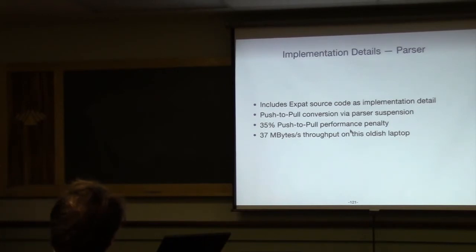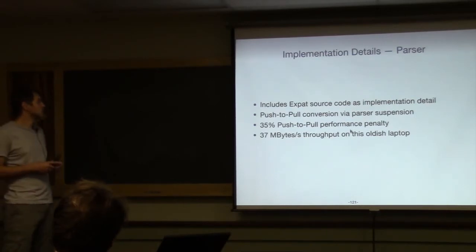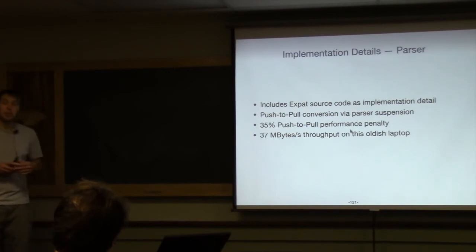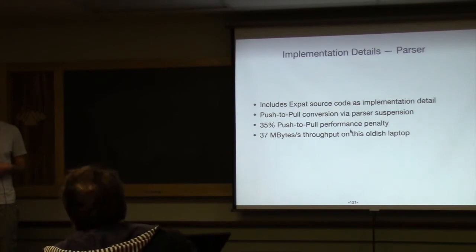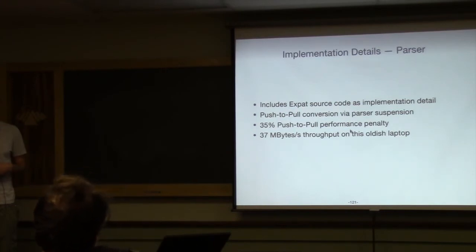The question is, have I tried to use coroutines to implement this? And the answer is no. That didn't even occur to me, and I don't know how it would really work with Expat. Maybe I should.